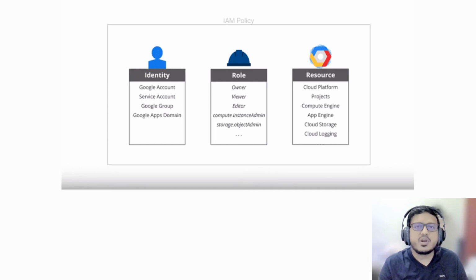So it is important to notice that the permissions are not directly assigned to the users. Instead, they are bundled into roles, and roles are then assigned to members. So a policy is nothing but a collection of one or more bindings of a set of members to a role.